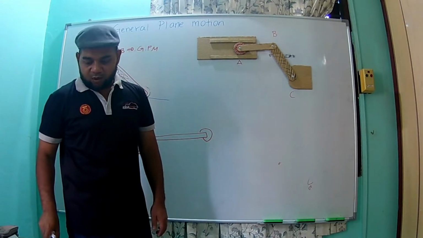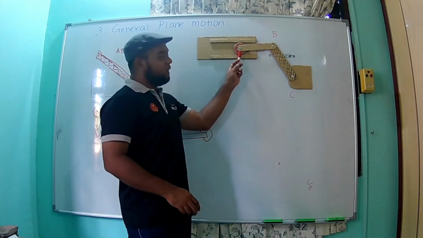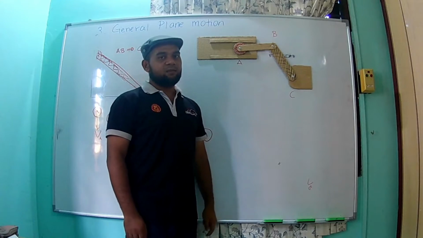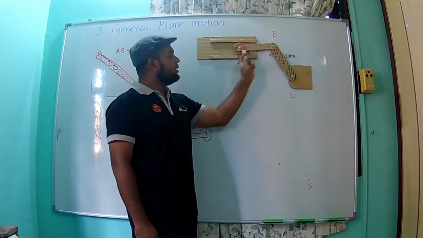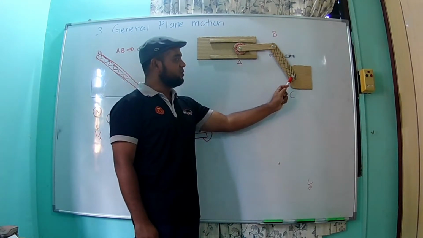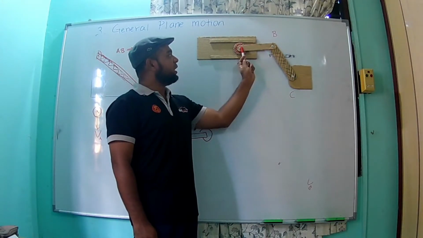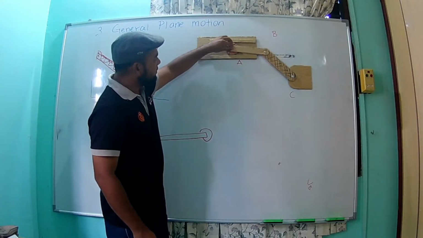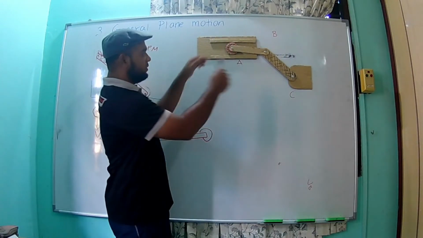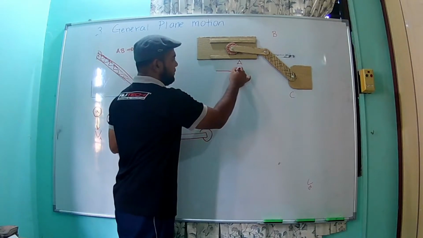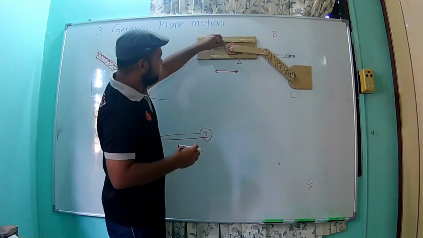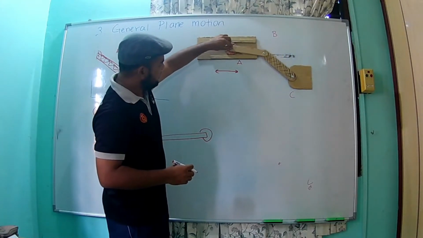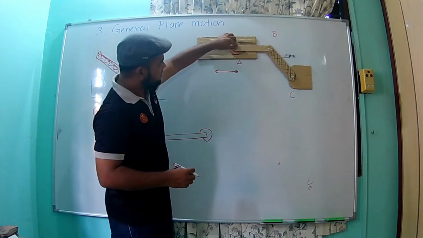We have three components: A, then AB, and then BC. All of these have pin joints, at C, at B, and at A. If this component moves in this direction, the point A moves straight forward this way.